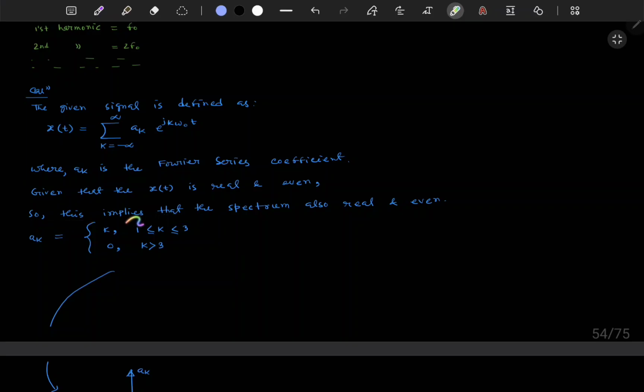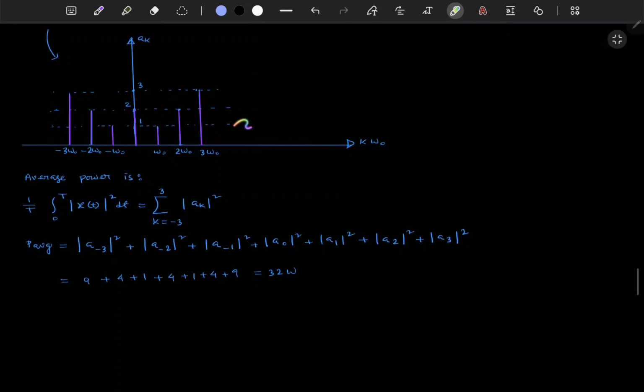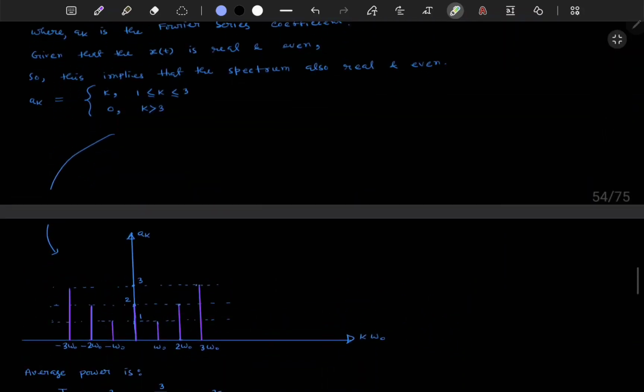So this implies that the spectrum is also real and even, and a k is given. We have drawn a k here. The main value is 2, and other terms are also there: k equals 1 is 1, k equals 2 is 2, k equals 3 is 3.